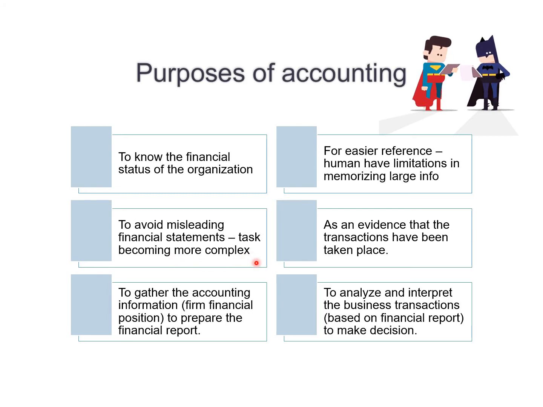Okay, you have to imagine that business ni ada pelbagai jenis business dan ada yang simple, ada yang complicated. So, bila business yang complicated, bila dia melibatkan contohnya banyak anak syarikat, so dia akan jadi kompleks. So, in order to avoid the misleading financial statement, kita kena buat accounting ni. And then to gather the accounting information and to prepare the financial report.